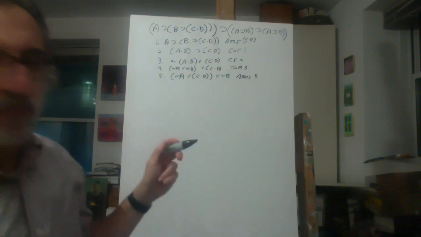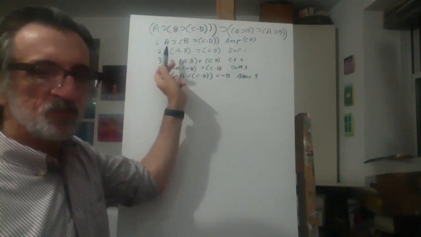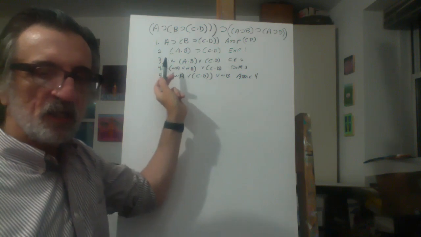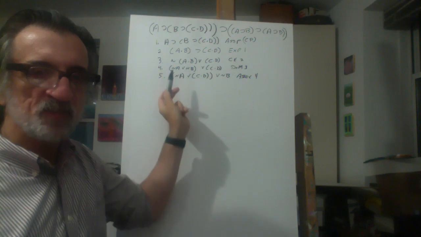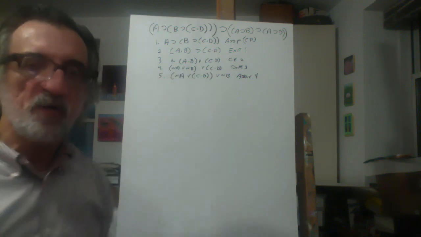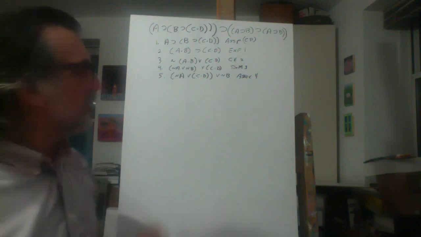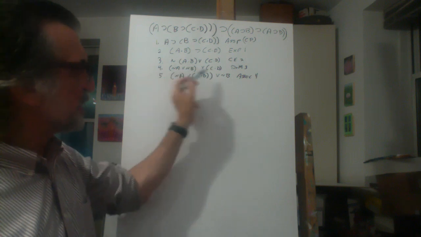Okay, what did I do? I took this conditional, I used conditional exchange to turn it into a disjunction with a negated antecedent. I distributed the negation just in the one part of that line to turn the conjunction into a disjunction of negations.